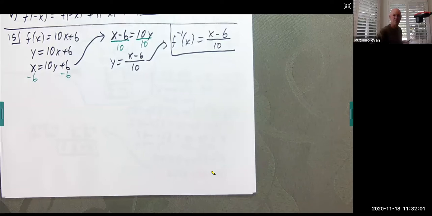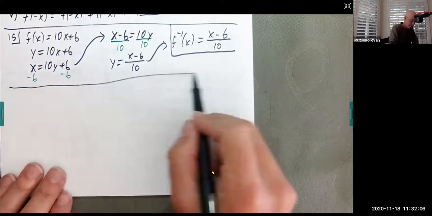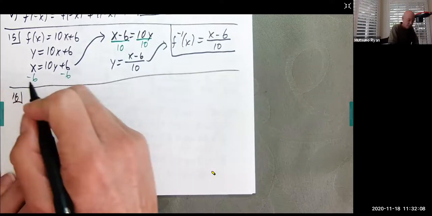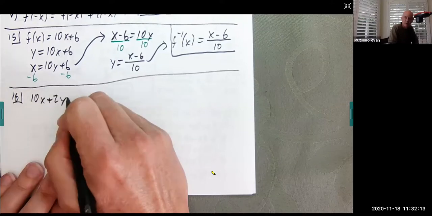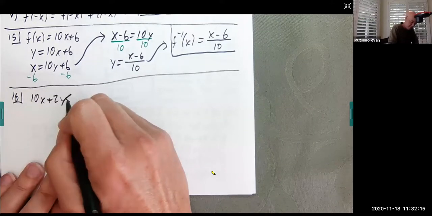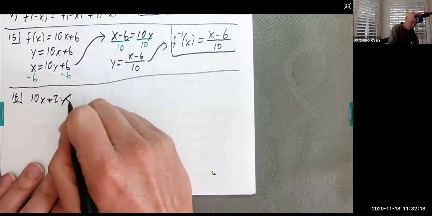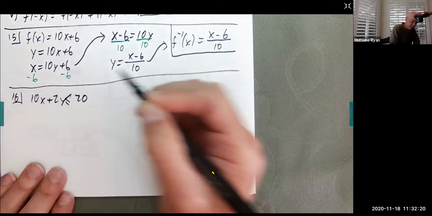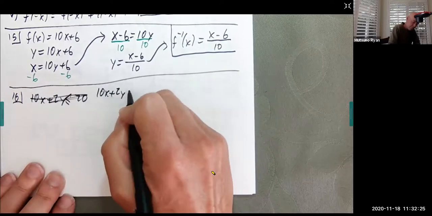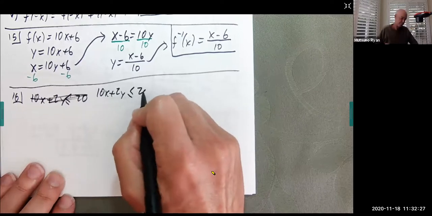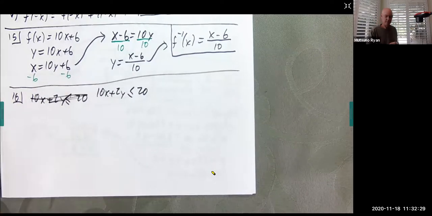All right, so we are at number 16. Less than or equal to 20. That's a little messy. Let me rewrite that. I'm going to notice that they're all multiples of 2, so I'm going to divide a 2 out.